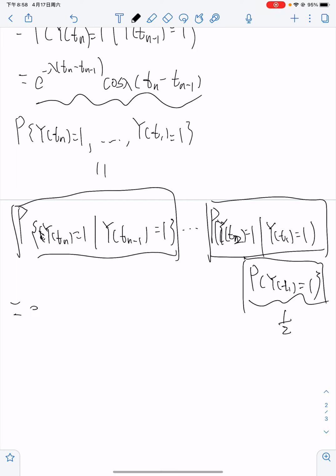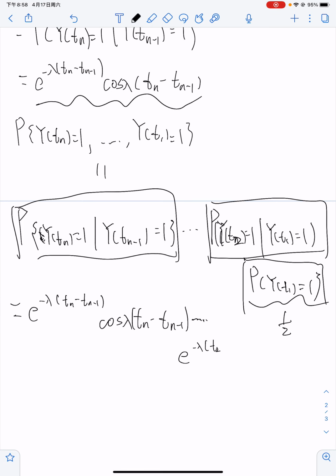Here are many atoms, and the relationship is multiplication. And the last atom is a half.